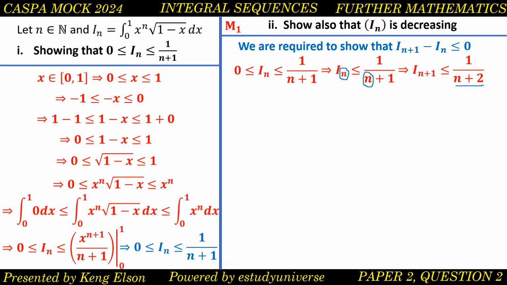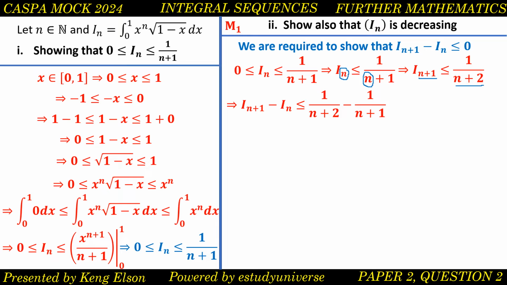It therefore means that I of n plus 1 will be less than or equal to 1 divided by n plus 2. Now if I subtract the two by taking I of n plus 1 minus I of n, I need to take 1 over n plus 2 minus 1 over n plus 1, and I maintain my inequality sign, less than or equal to.